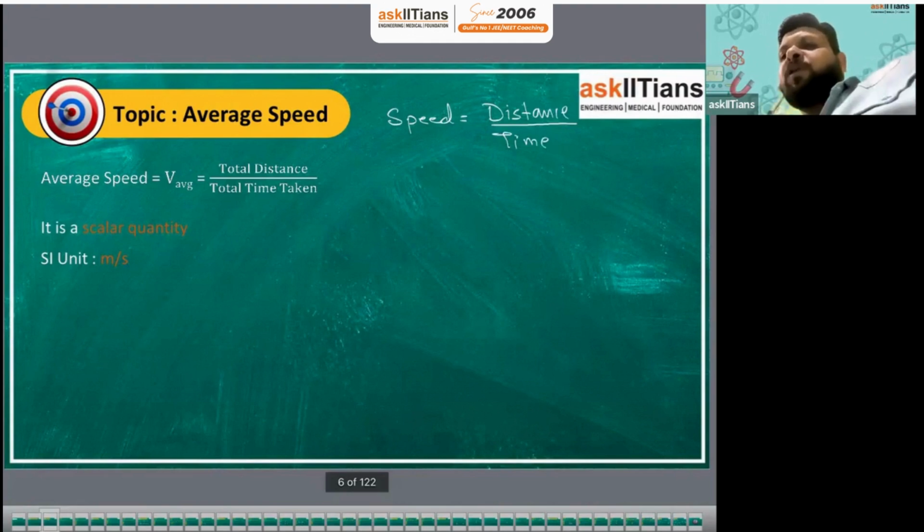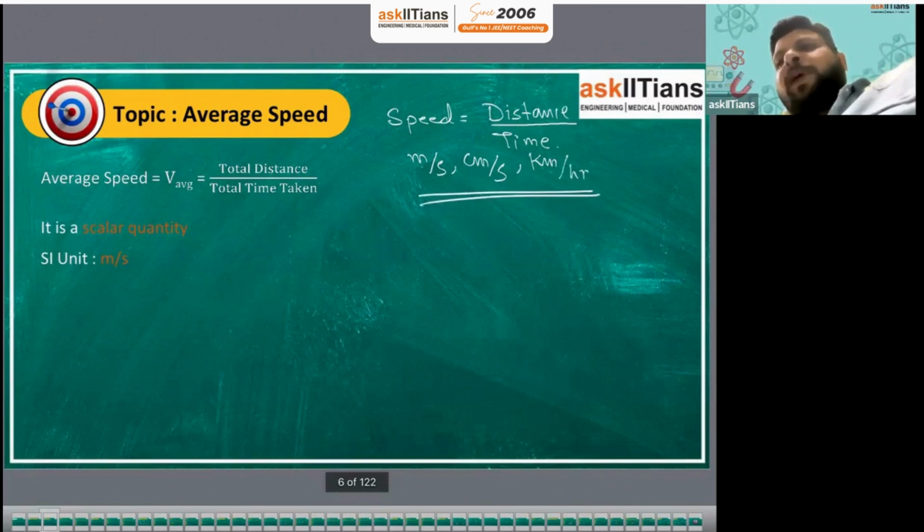So how much distance you are covering in a unit time, that is known as your speed, right? Its unit is meter per second, centimeter per second, or it can also be kilometer per hour, as per the requirement of the question. So speed is distance upon time.